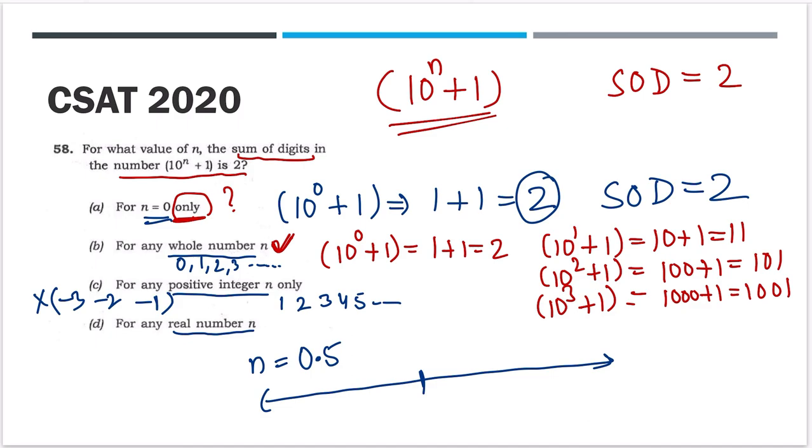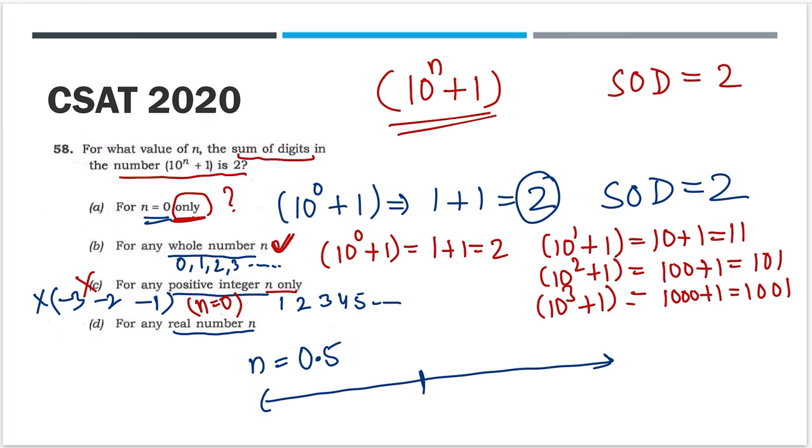So 0 is not a positive integer or a negative integer. So 0 is not part of this option. But if n is equal to 0, this is also true. But this option C does not cover n equal to 0 as a positive integer, right?